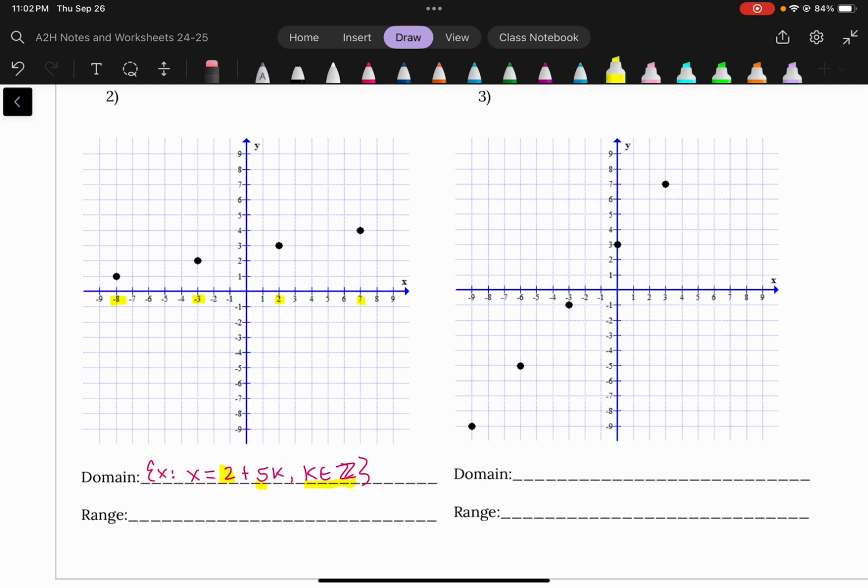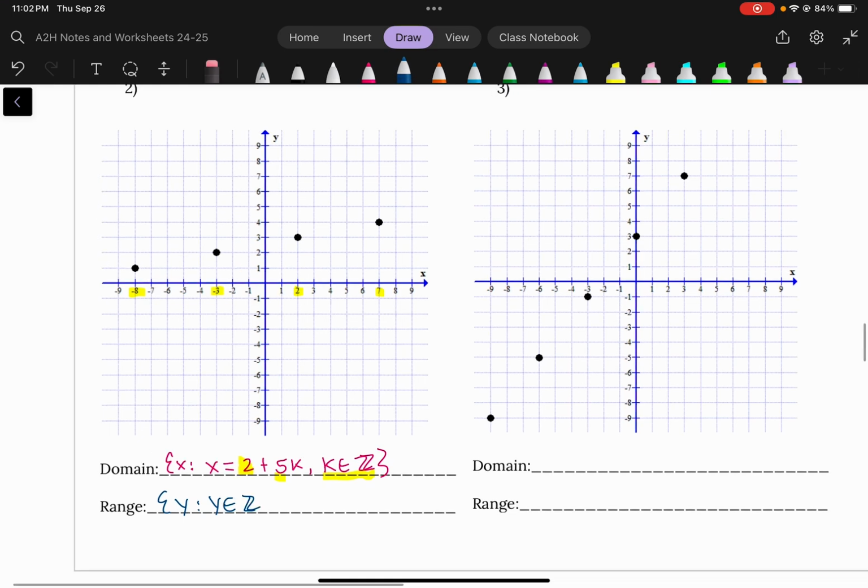Technically, I am guessing a lot of us had something like 1 plus 1k is an element of the integers. But this is just a kind of a long way to write this, right? You're just saying that I'm starting at 1 and I'm adding 1. Well, you're just generating the integers, right? If you look in the graph, the numbers are 1, 2, 3, 4.